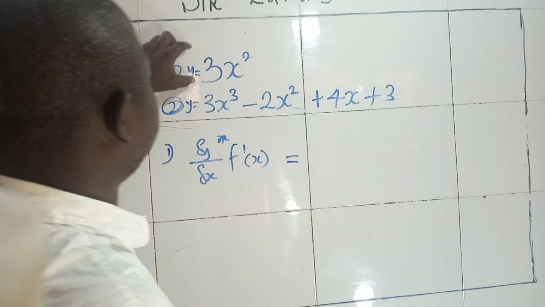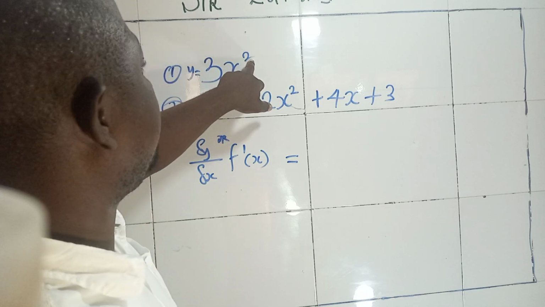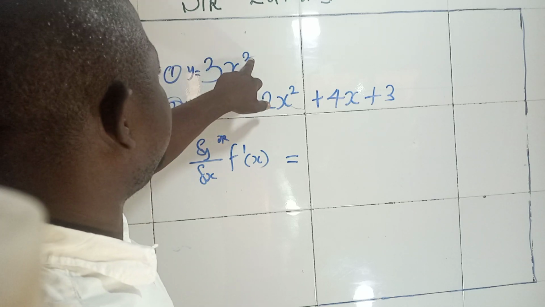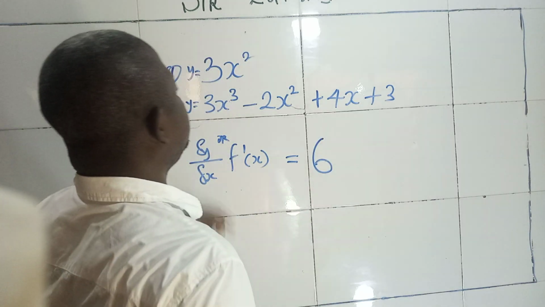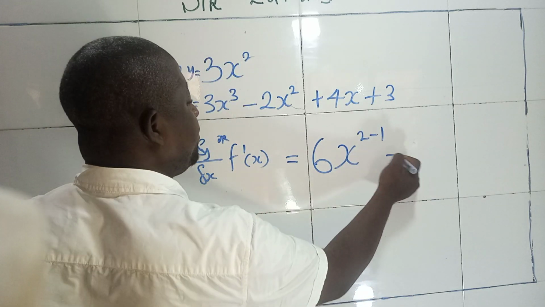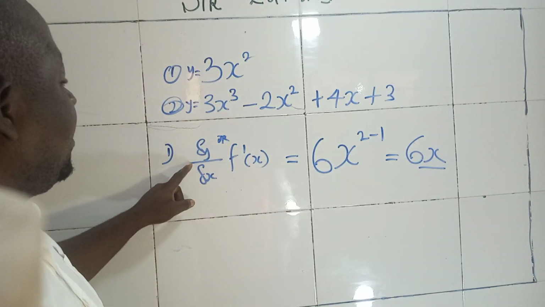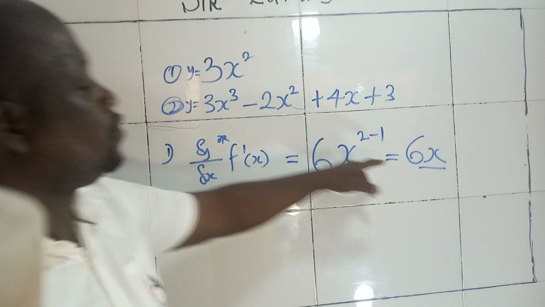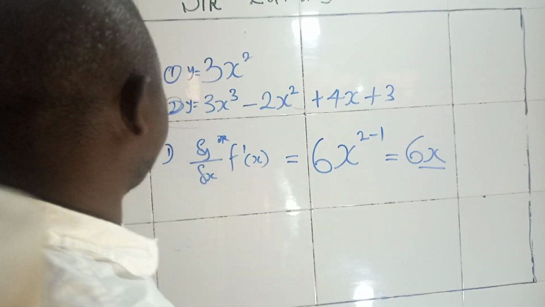You differentiate each term. For me to differentiate this, you first multiply the power by the coefficient. 2 times 3 is 6, x raised to power 2 minus 1, that becomes 6x. So the differential of 3x squared is 6x. So simple.